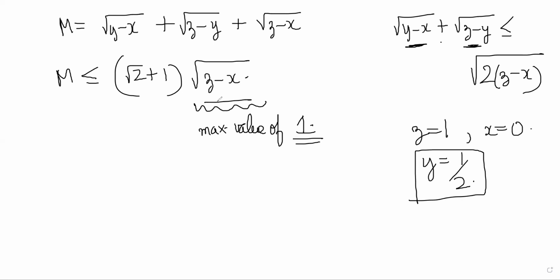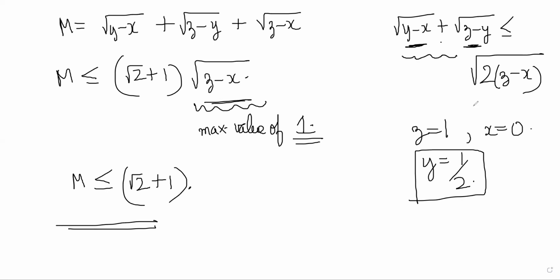So the maximum value of this is 1, and we are getting m is less than equal to root 2 plus 1, right? I just need to check whether this equality can happen or not. Equality should happen when y minus x is equal to z minus y, which means 2y is equal to x plus z.